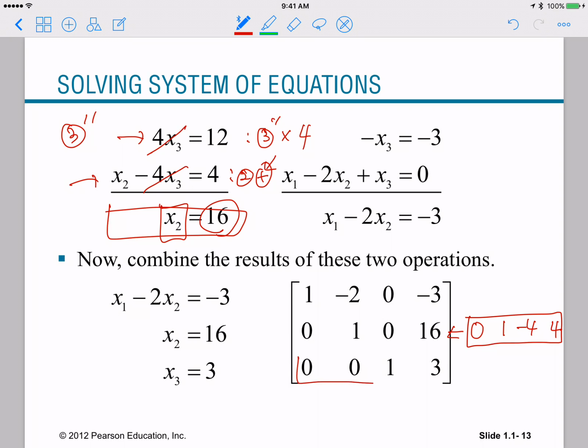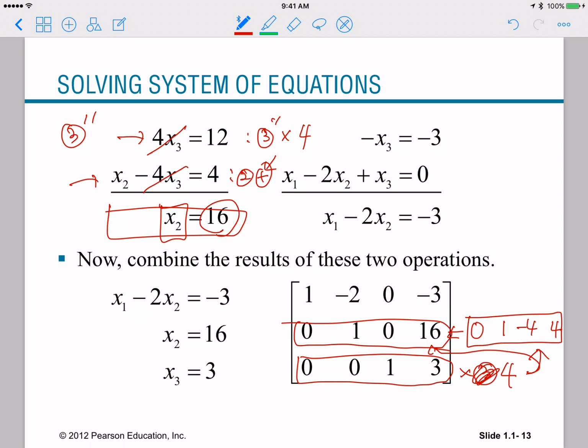By just multiplying this guy times 3, this guy times 4, and then adding it to the second row, okay? So we changed, or we replaced, the lower parts of an equation. But now, once we created this triangular form, we now replace the higher equations, or the equations in the above.